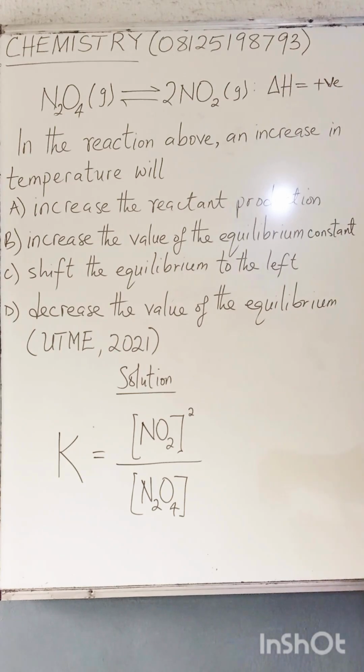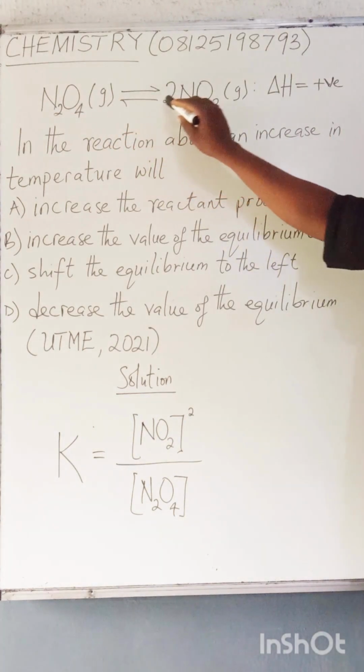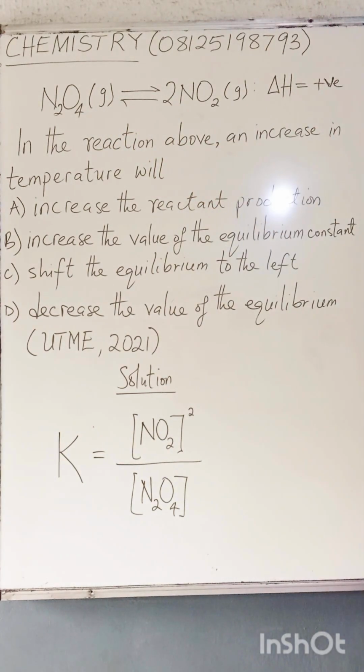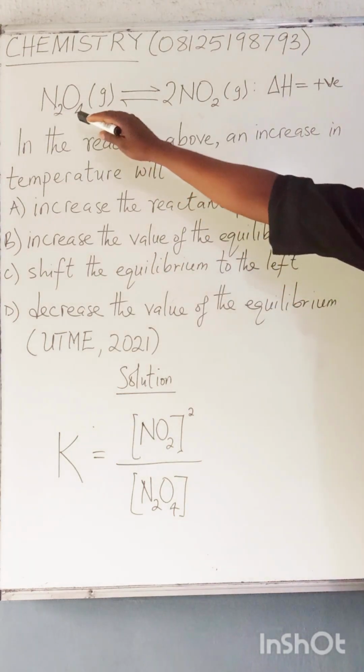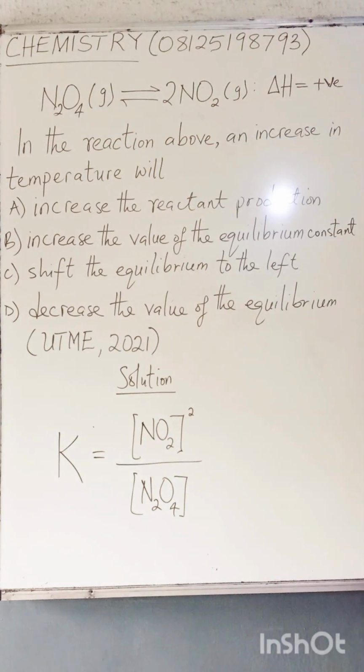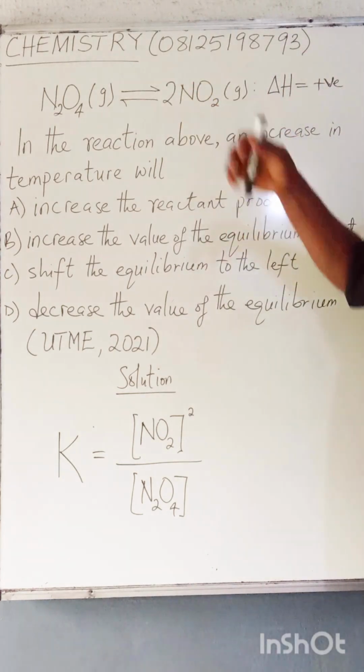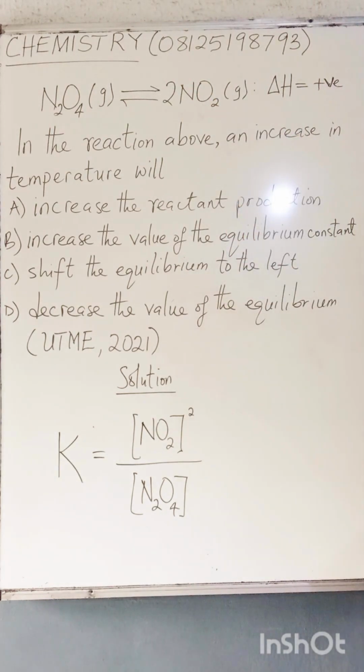Heat is absorbed into the reaction system. It means at higher temperature, that's when the temperature is increased, the forward reaction will be favored. Do you understand? Favoring the forward reaction means that product will predominate. More products will be formed.